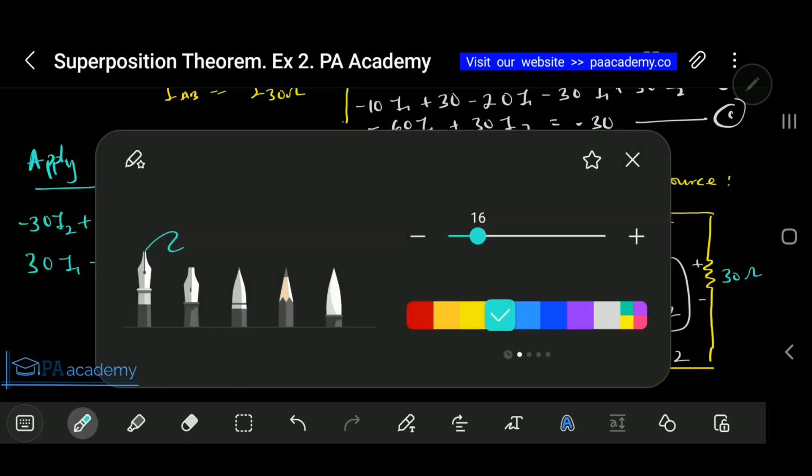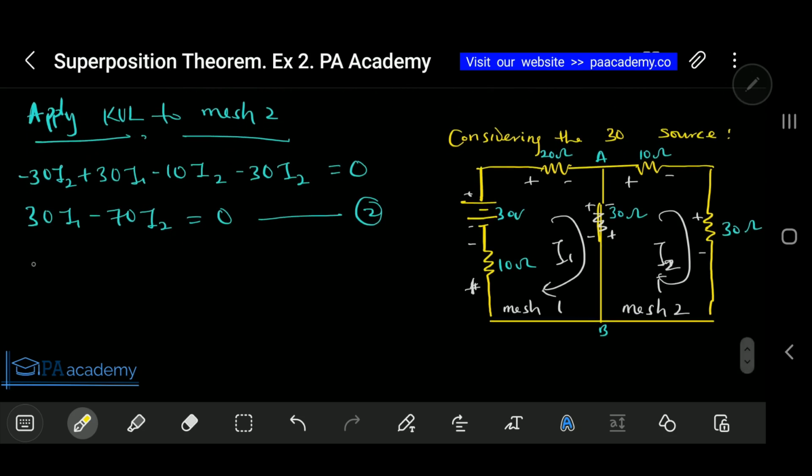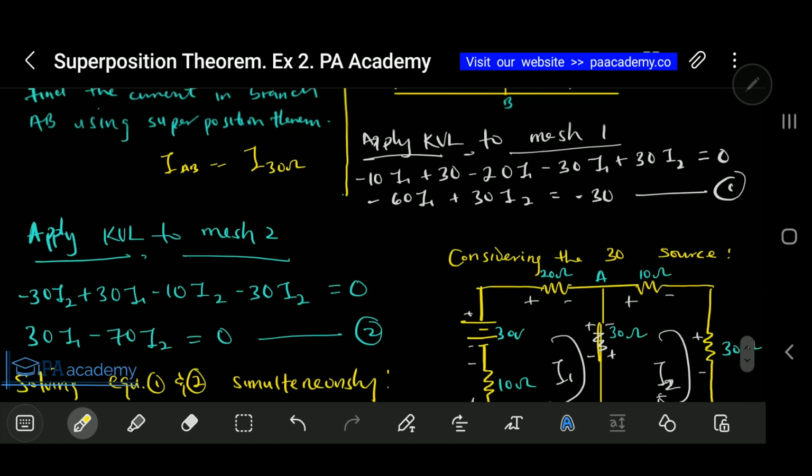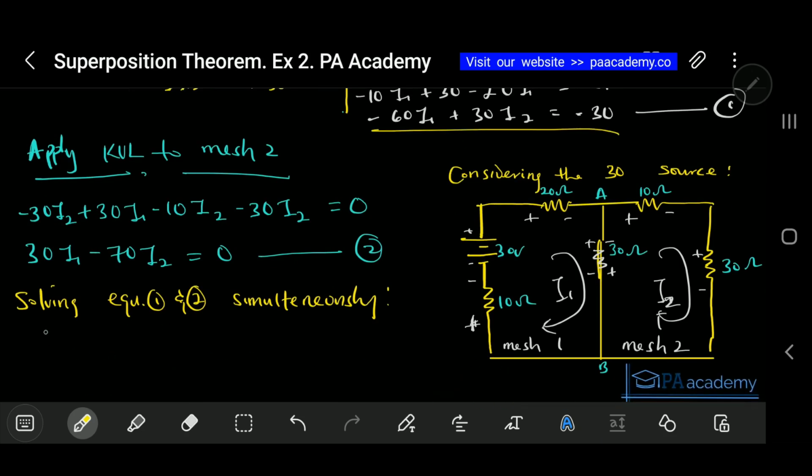Exactly. So now we can go ahead and solve our equation 1 and equation 2 simultaneously. So again, let me write out equation 1, minus 60 I1 plus 30 I2 equals to minus 30.